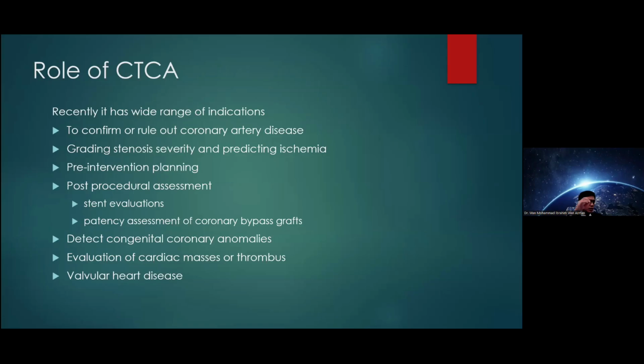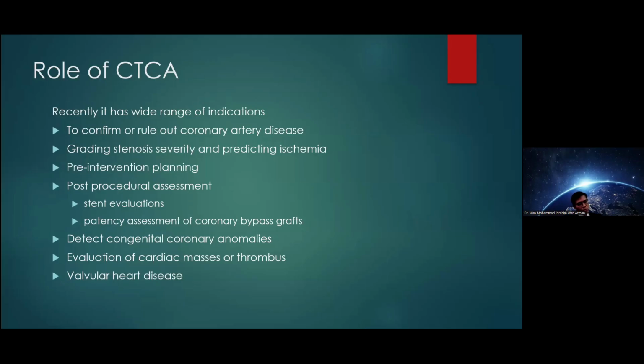So coronary CT has a wide range of indications, but our main business is to rule out or to confirm coronary artery disease. And if you do have coronary artery disease, CT can actually grade the stenosis severity.